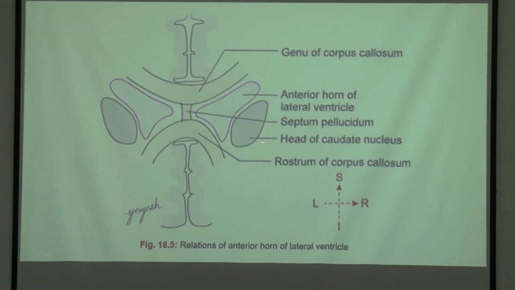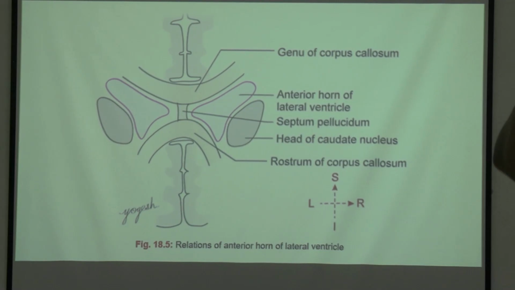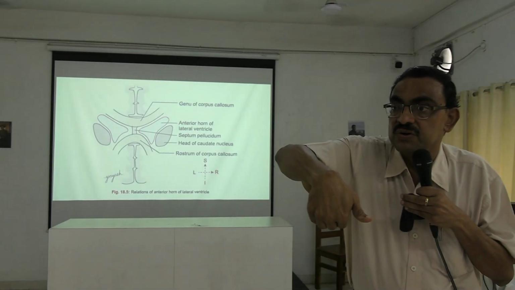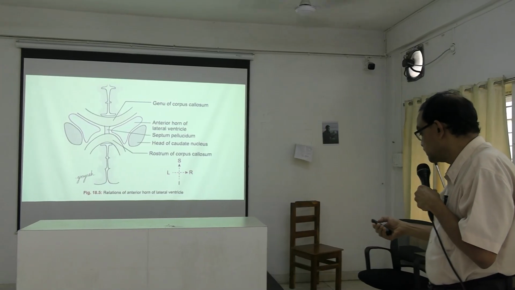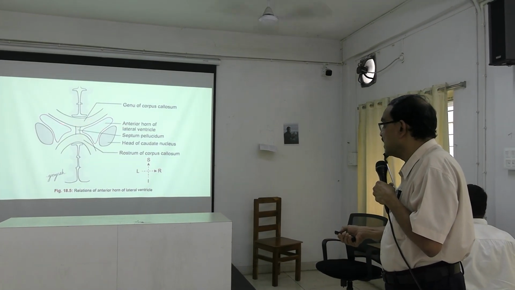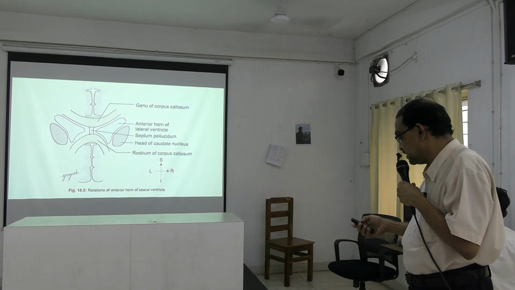Here we can find the head of the caudate nucleus laterally, and below it is the continuation of the corpus callosum. The corpus callosum is like this: this is the genu, and this is the rostrum. The rostrum is also continued below in this region, and on either side we can see the anterior horn.